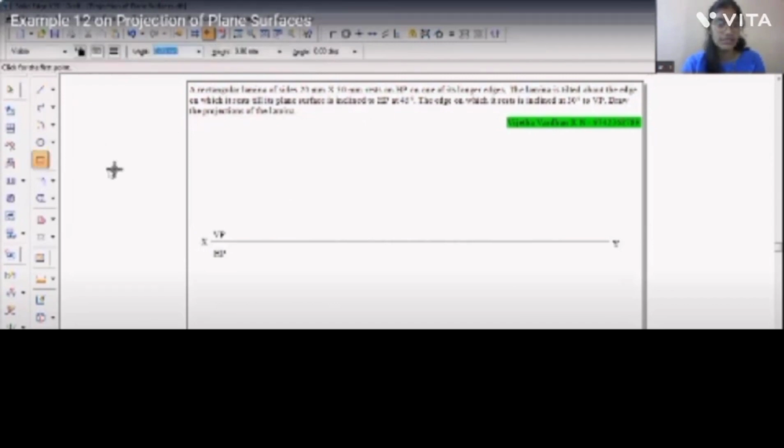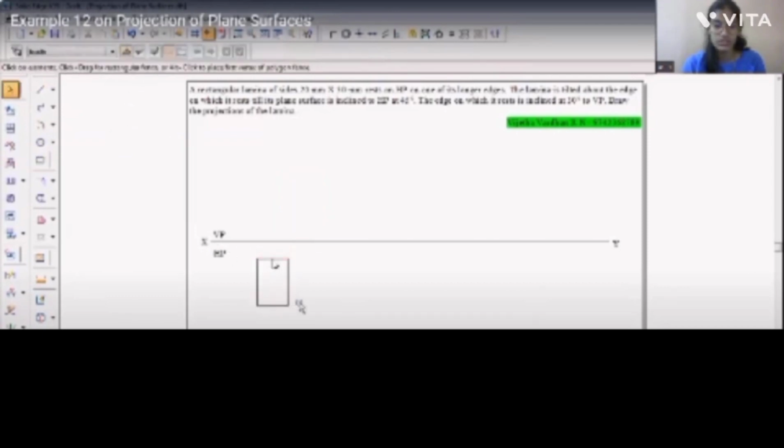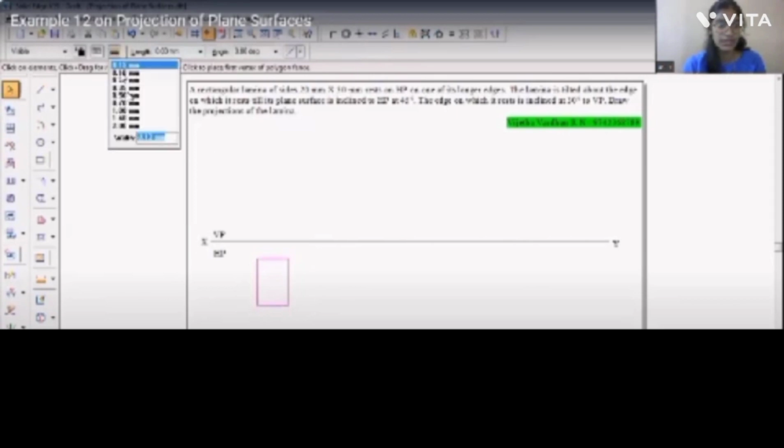Now let us consider a rectangle of width 20 mm and height 30 mm, and let it be in a visible line since it's the top view of the rectangle.